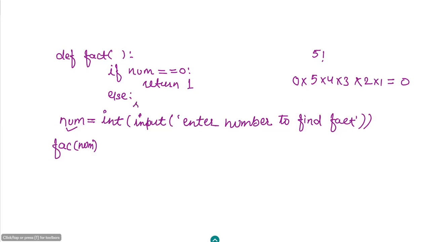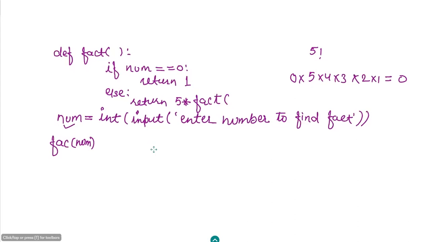Recursive calling would return 5 multiplied by, we will decrease by 1, right? So now we call this function recursively.